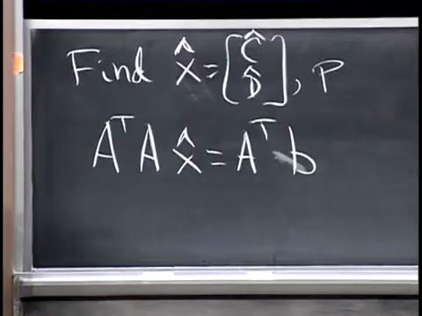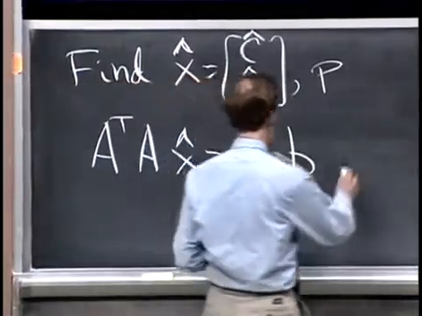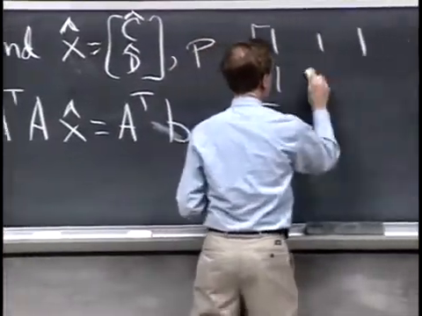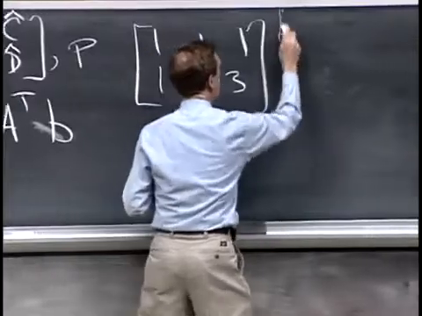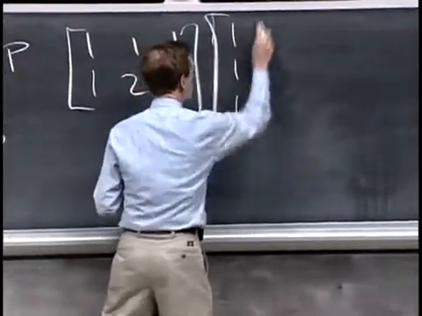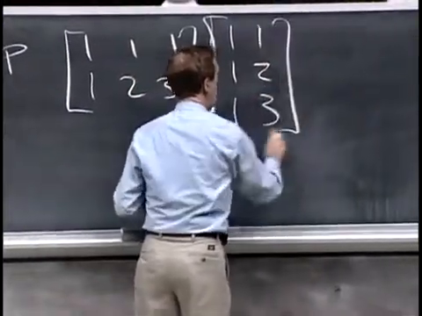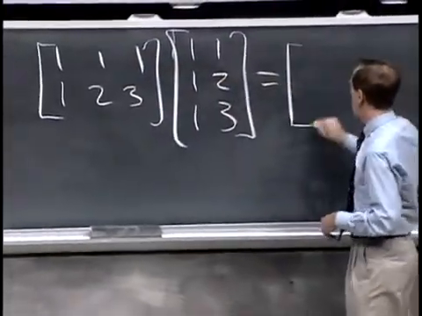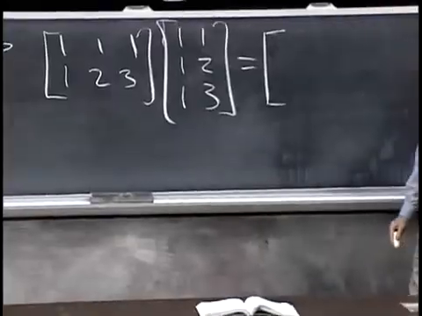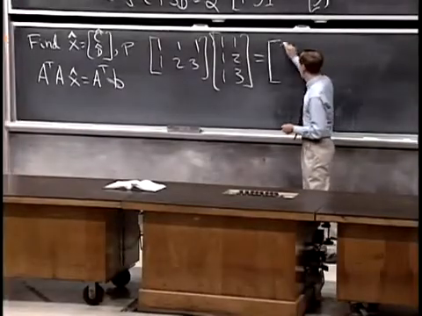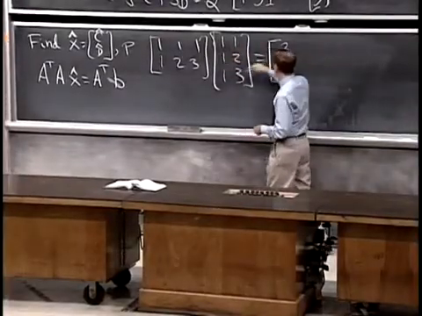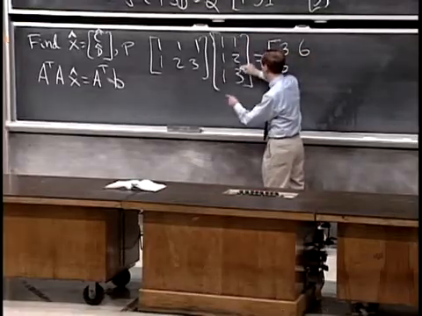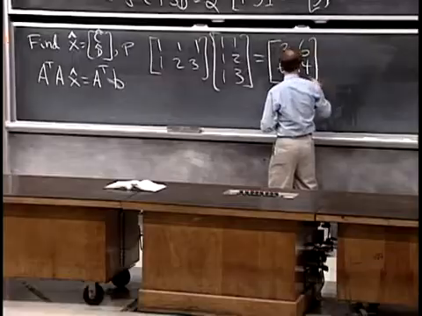Okay, let's solve it. What is A transpose A? So I have to figure out what these matrices are. 1, 1, 1, 1, 2, 3, times 1, 1, 1, 1, 2, 3. That gives me a matrix. What do I get out of that? 3, 6, 6, and 14.